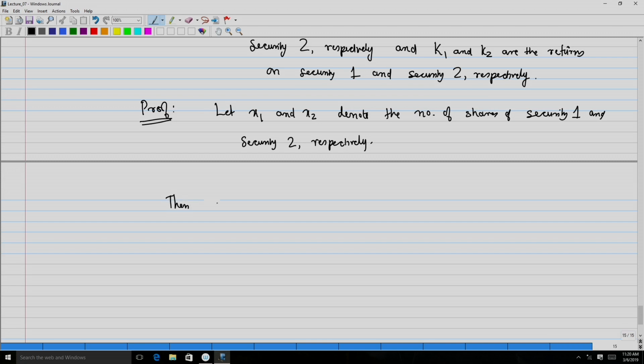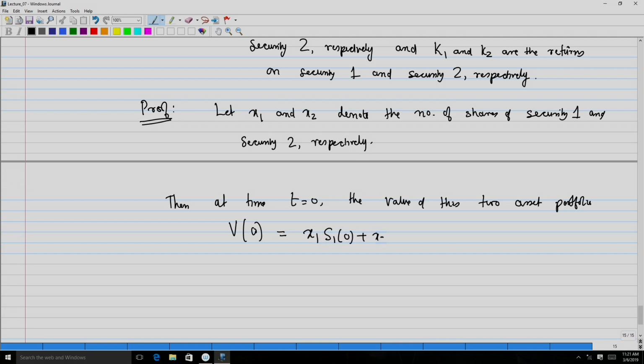Then at time t equal to 0, the value of this 2 asset portfolio V0, which is the initial amount of money that is available to you for investment, is going to be x1 S1 0 plus x2 S2 0.